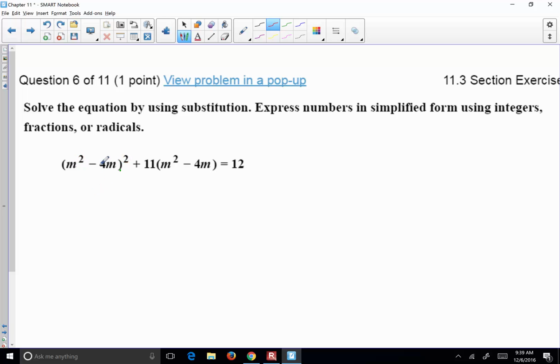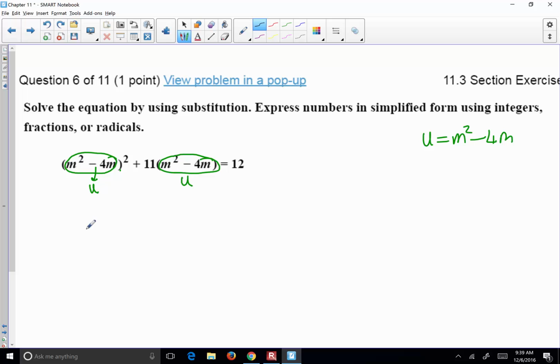So we are going to first make a basic substitution. I will call that parentheses, m squared minus 4m, u. I will call this entire inside, replace it by u.